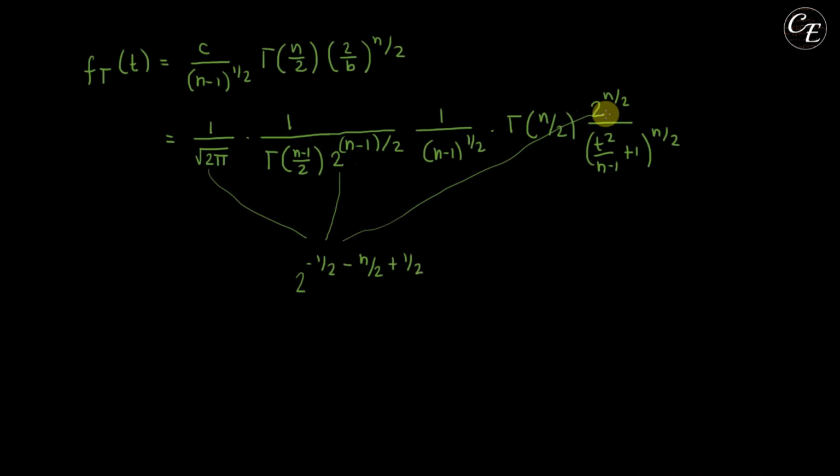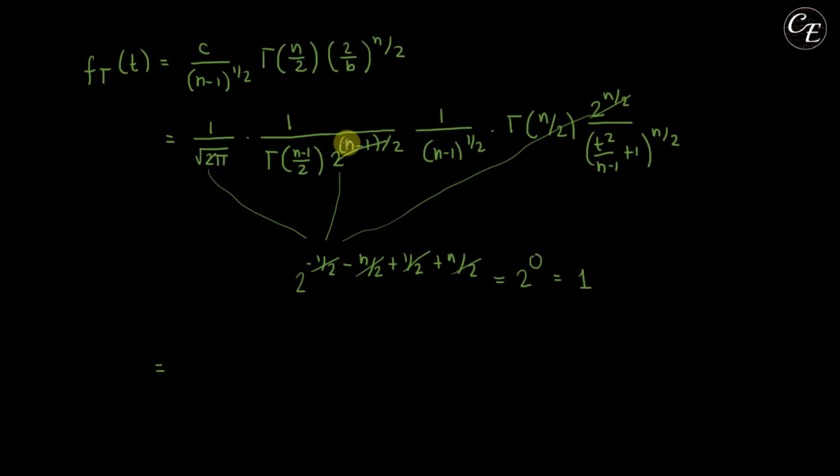And then at the numerator, we have plus n over 2. And then we have 2 raised to negative 1/2 and plus 1/2, and negative n over 2 and plus n over 2. So it results in 0, or equal to just 1. So we can just cancel this 2 in here, this 2 in here, and this 2 in here because they result in 1.